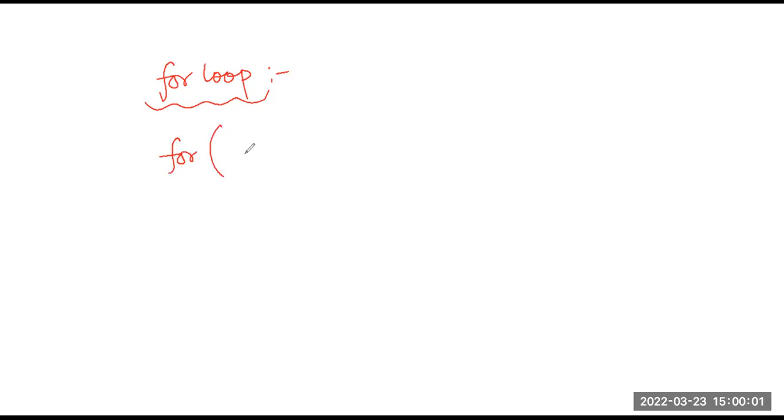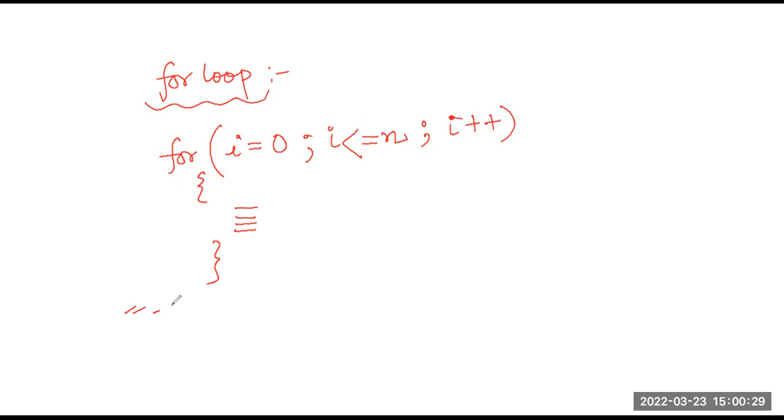For I equal to something, 0 ले लेते हैं, 1 ले लेते हैं, कुछ भी. I less than equal to something and I plus plus. This is the condition. For this, do this statements of code. एंड सारा कुछ हो जाएगा, उसके बाद कुछ और स्टेटमेंट्स ऑफ कोड है. ठीक है, ये है तुम्हारा फॉर लूप का कॉन्स्ट्रक्ट.